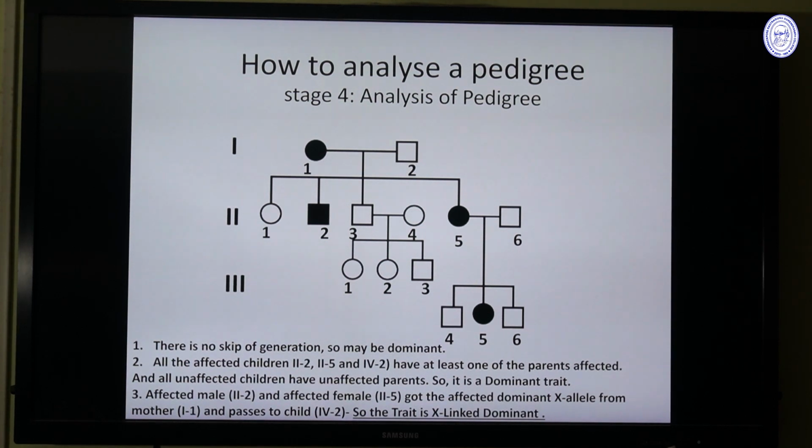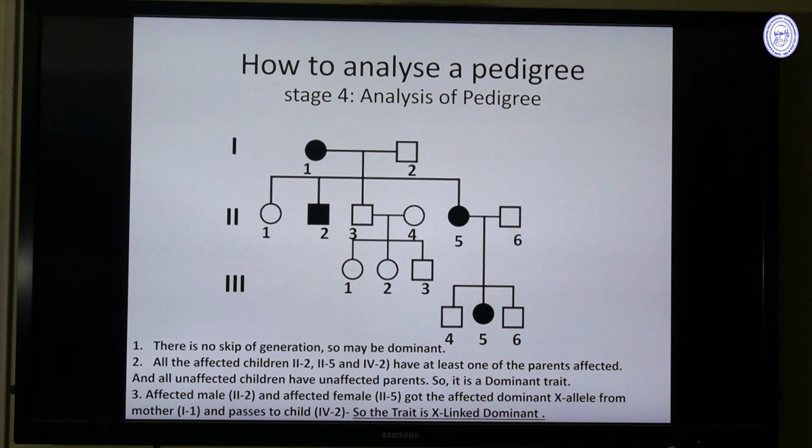Now, the affected male, II-2, and the affected female, II-5, got the affected dominant X allele from the mother who is also affected, that is I-1. So, the mother has a dominant allele which she is passing to both her son and daughter.